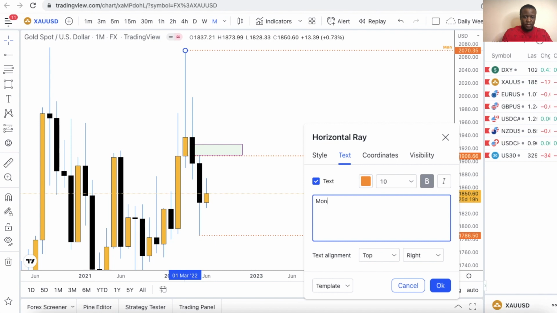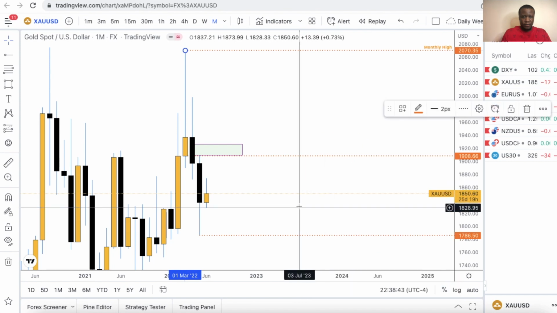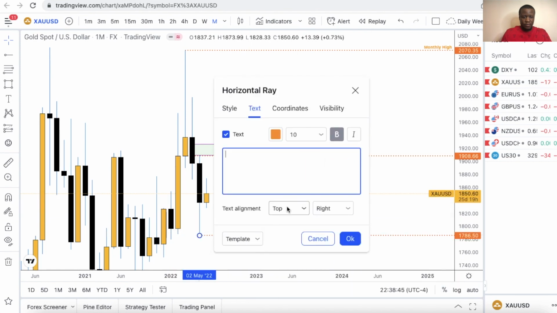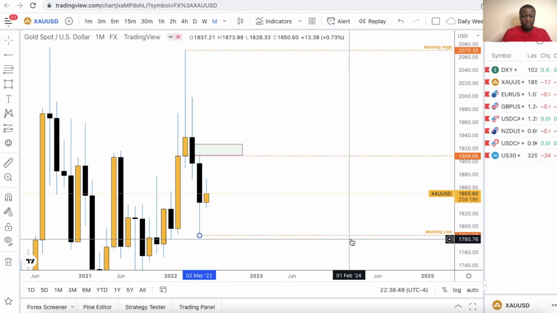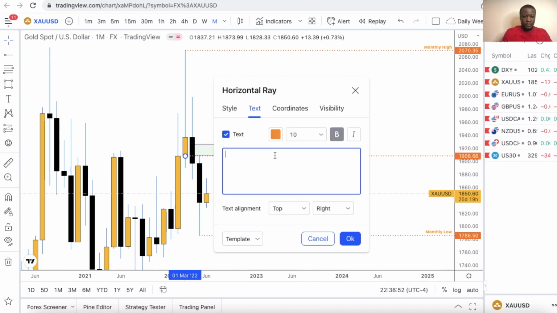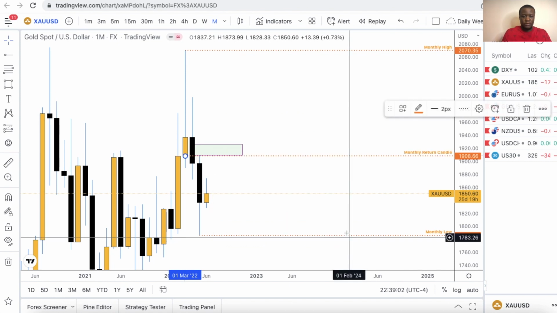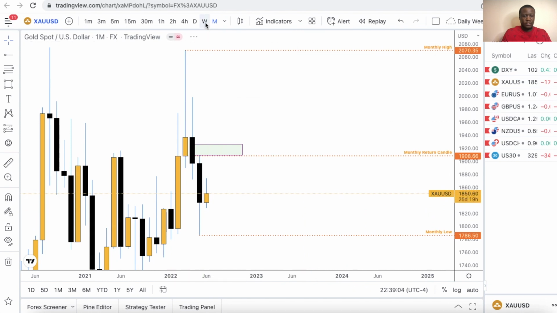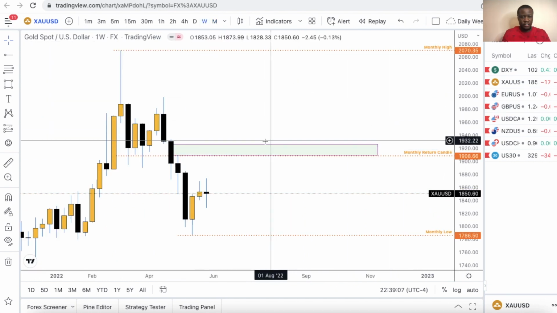So I'll put monthly high, monthly low, monthly return candle, and then now we're going to the weekly, which I already started.